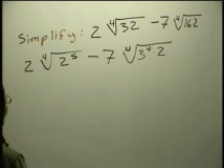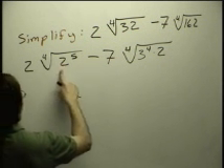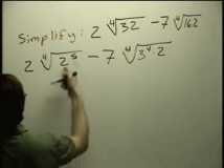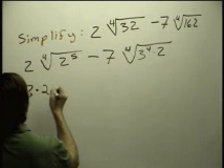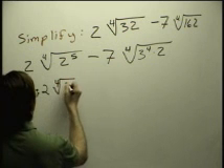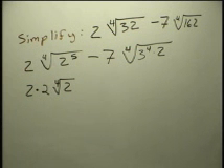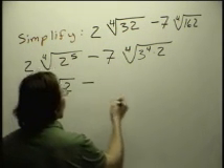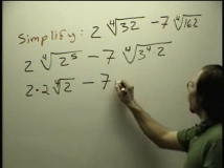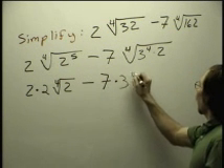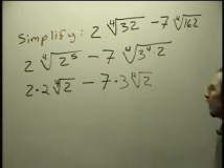Well, we take out a 2 to the 4th power, one of the 2's gets left behind. Here, take out the 3 to the 4th power. Again, the 2 gets left behind.